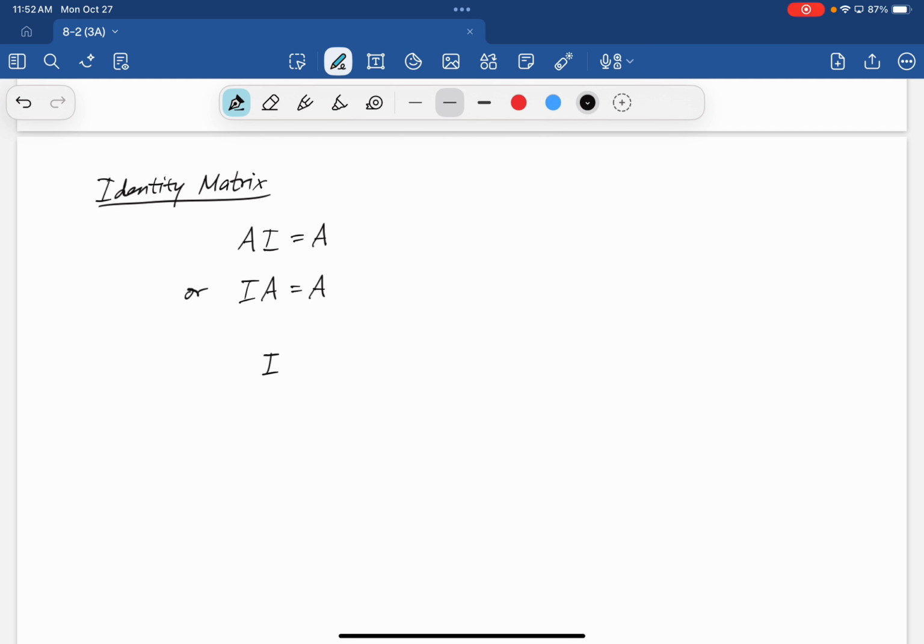It's that matrix where every entry is 0 except the diagonals, which are 1. So for example, the 5 by 5 identity matrix is just going to look like 1 0 0 0 0, 0 1 0 0 0, 0 0 1 0 0, 0 0 0 1 0, 0 0 0 0 1. Okay? So all the diagonals are 1 and everything else is 0.